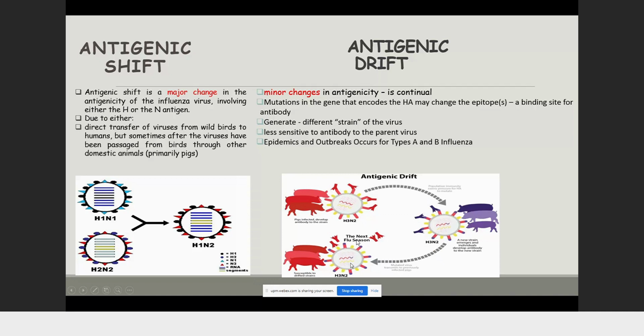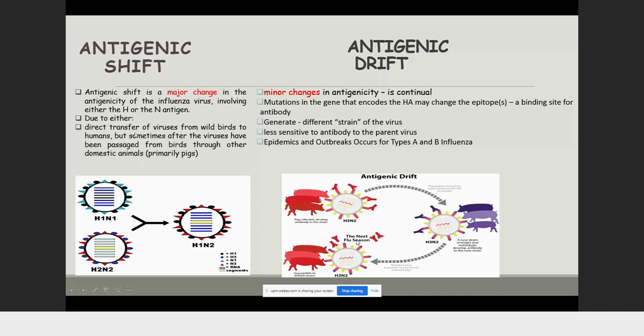So it will lead to the next flu season in a particular population. Sometimes, if it is a very naive population, it will lead to epidemics. However, it's just minor changes, which just lead to changes in the strain, either highly pathogenic or low pathogenic, like that. Severe pathogenic or virulent strain versus non-virulent or less virulent strain.